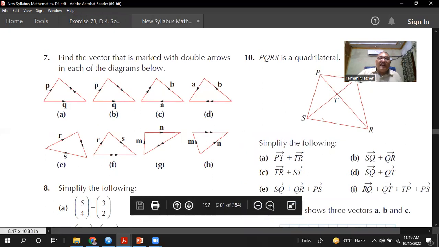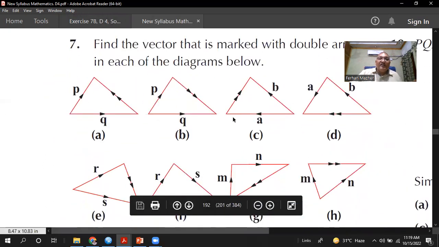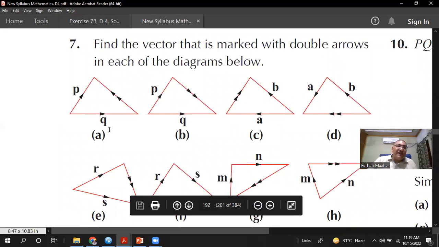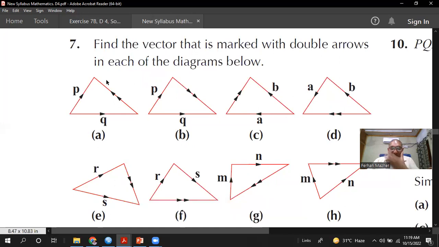If I increase the size, you can see it more clearly. Now look at this first part. You can see P and Q, and we have to tell what this means. If you look at this triangle carefully, these two vectors, P and Q, their tails are joined. And I told you whenever you make a triangle and you put two vectors such that their tails are joined with each other, that is subtraction.